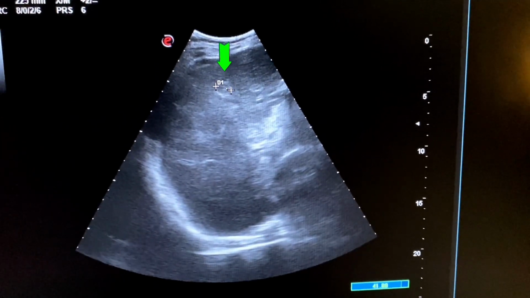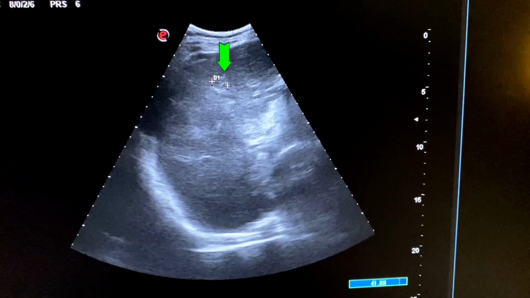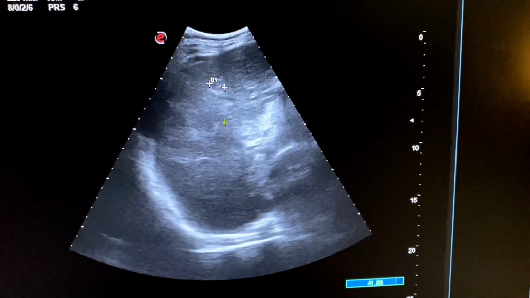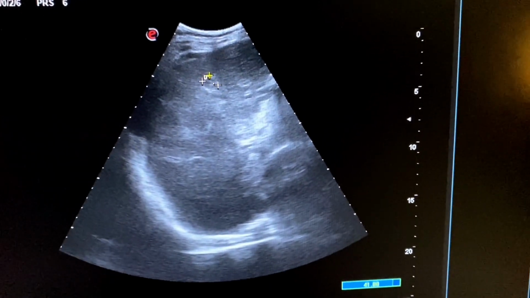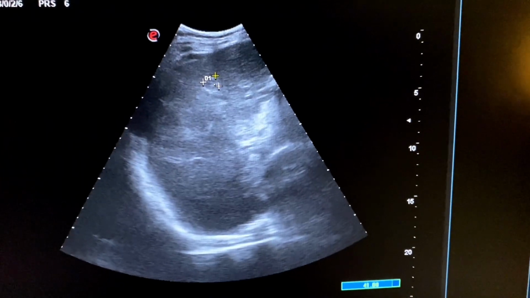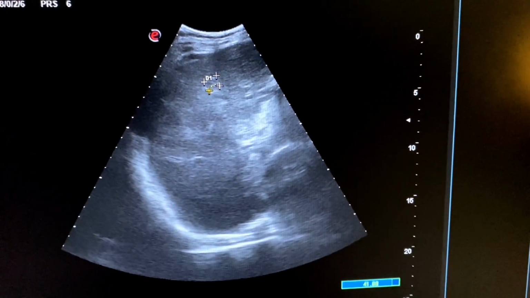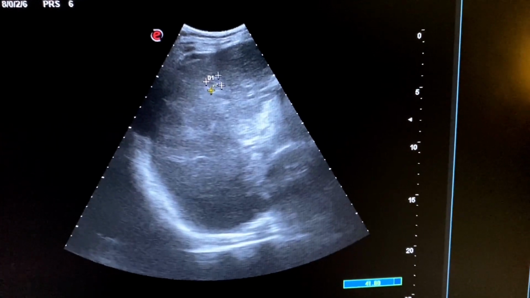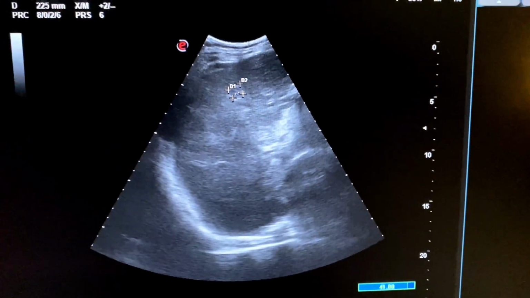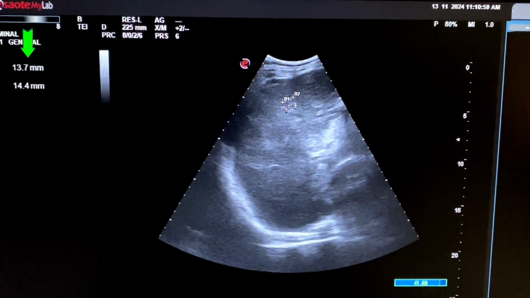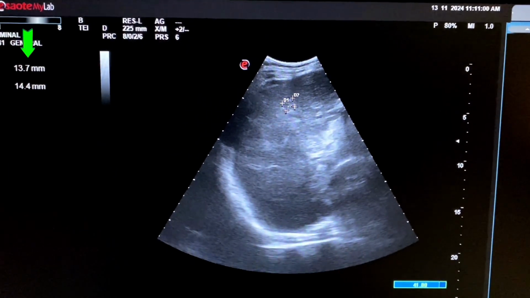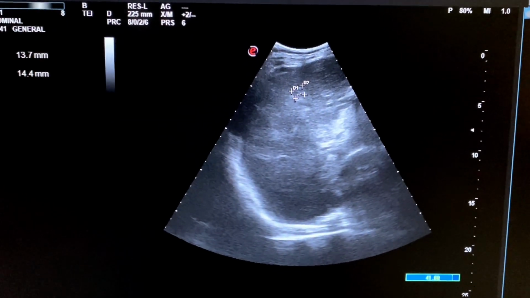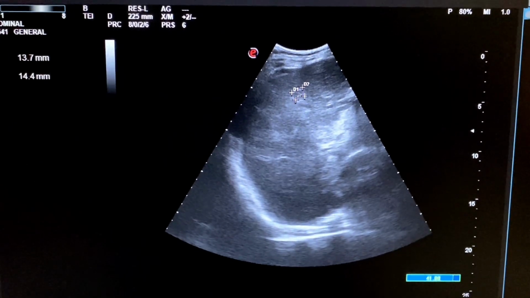Now we will measure the size of this mass. The size of this mass is 13 by 14 millimeters.